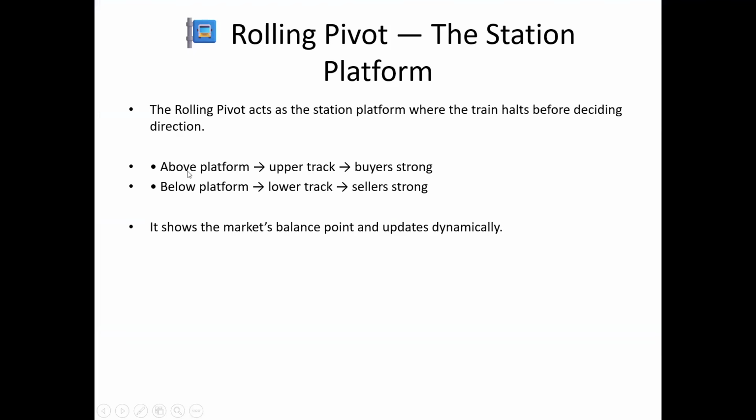So the train should be on the upper track, which means price should be above the platform, above the pivot. Then buyers are strong. If the price is below, the train is below the platform, on the lower track, sellers are strong. So it has been coded so nicely.